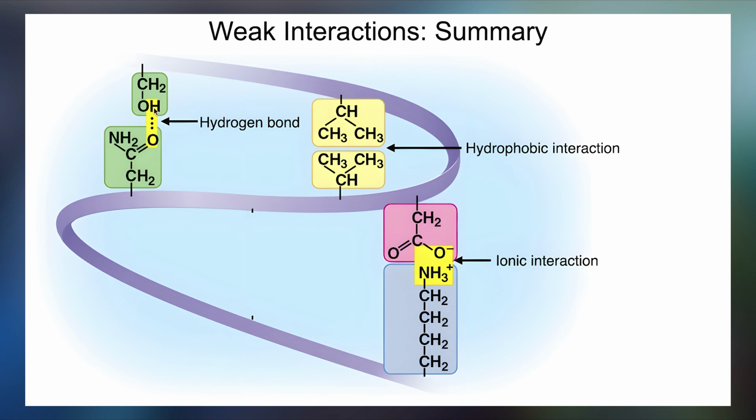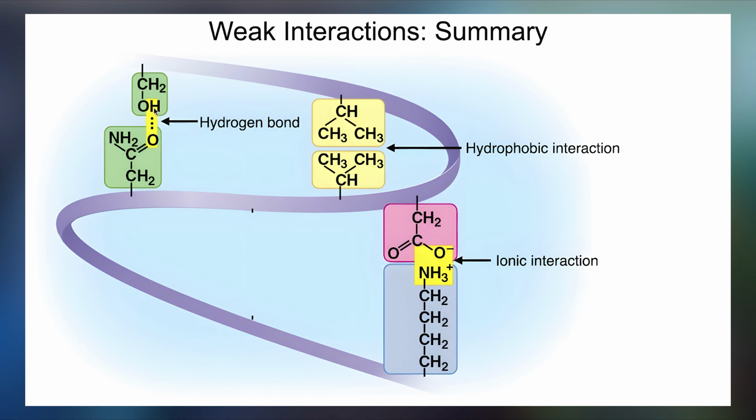Basically, the reason for this is because an atom like oxygen has a really strong pulling power for electrons, whereas hydrogen has a very weak pulling power for electrons. So oxygen tends to be partially negatively charged. Hydrogen tends to be partially positively charged, so they attract each other. That's what a hydrogen bond is. Again, I'm simplifying a bit here, but that's the basic idea.